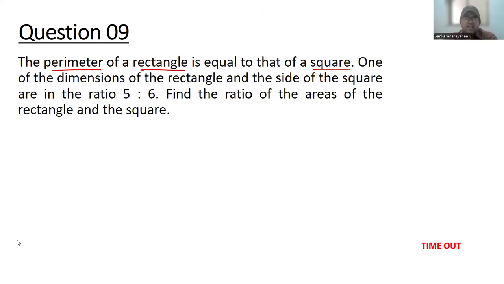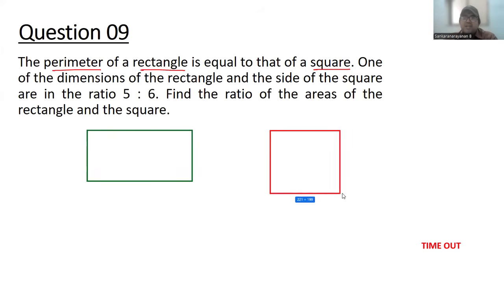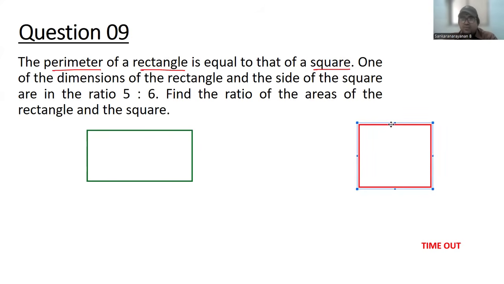So let me draw the picture here. This is the rectangle under consideration. And let me consider this is the square under consideration. Okay, fine. So in the question, it is very clearly given. I don't know the length or breadth of the rectangle, and I don't know right now the side of the square.